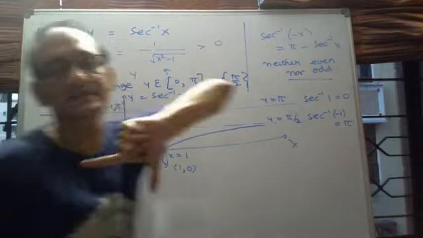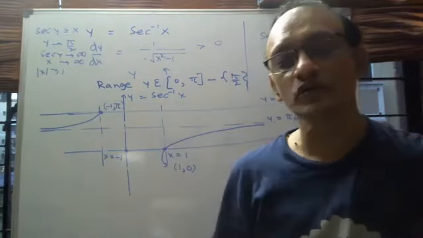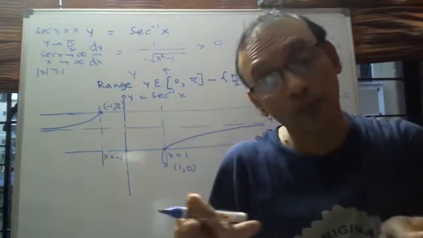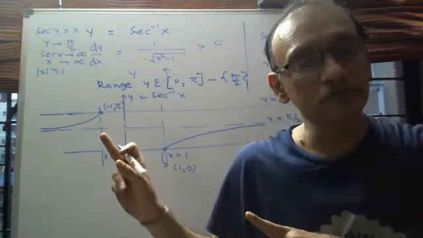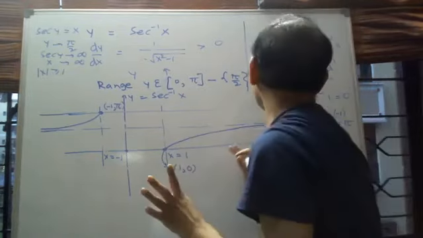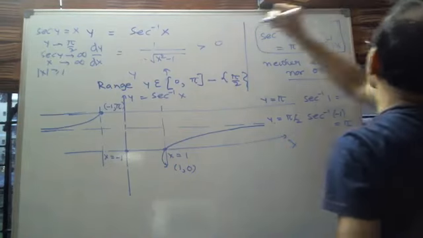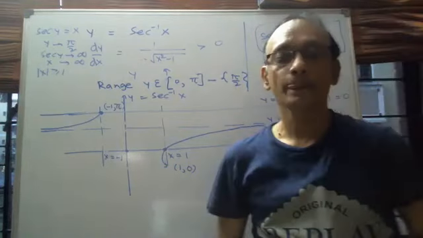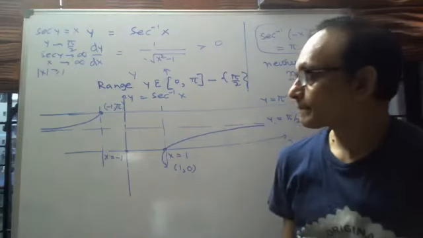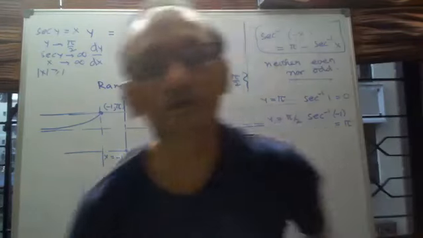So sec inverse x: domain mod x greater than or equal to 1, range 0 to pi excluding pi by 2. It is neither even nor odd. Sec inverse of minus x will be pi minus sec inverse x.